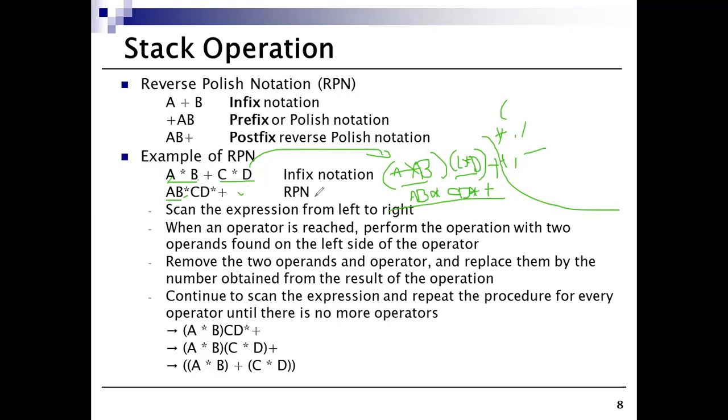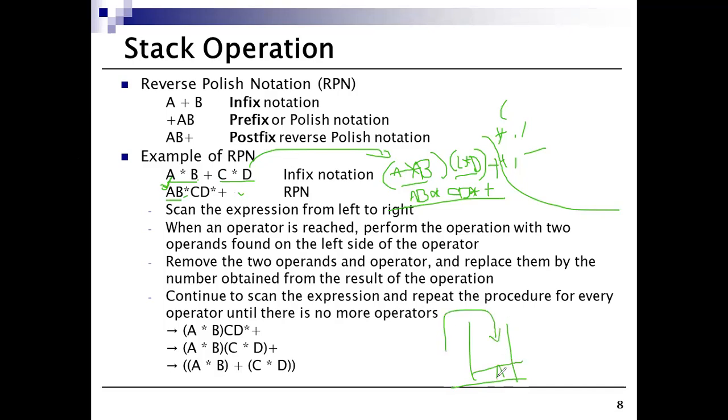So once you have postfix notation or reverse Polish notation, how is the stack used for executing this? You have to scan the expression from left to right. Whenever you have an operand, this is your stack, you need to push that operand onto the stack.